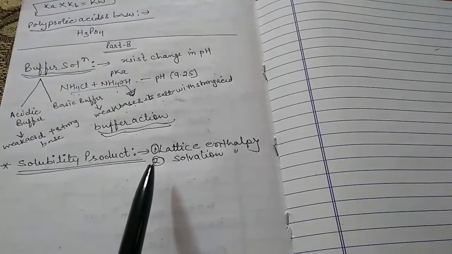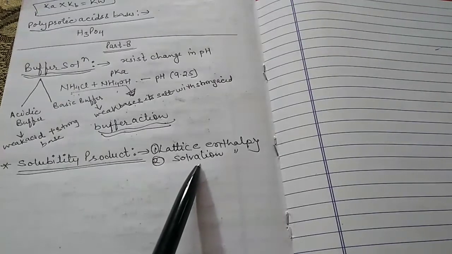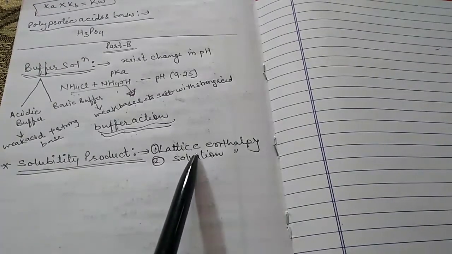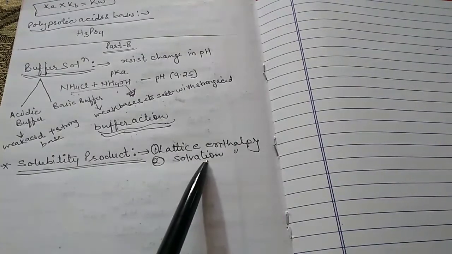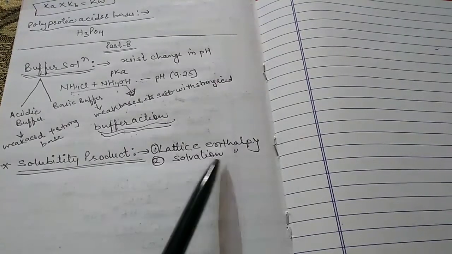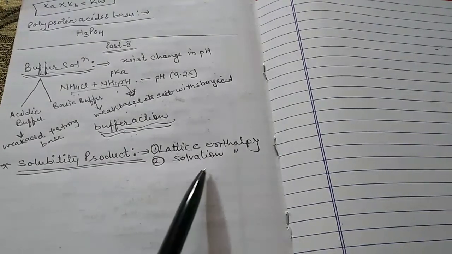So, for a salt to dissolve in a solvent, the strong force of attraction between its ions, the lattice enthalpy, must be overcome by the ion-solvent interaction, and that is known as the solvation enthalpy.